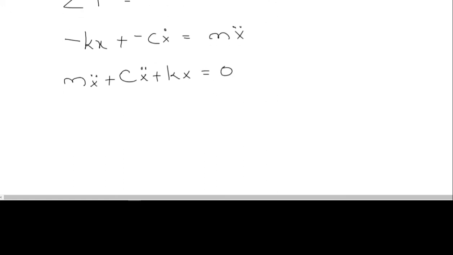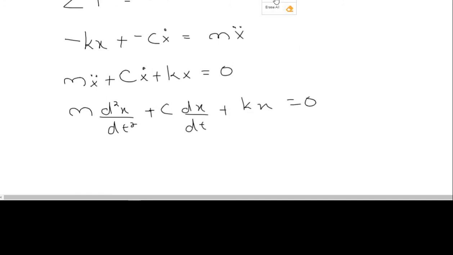So this is a differential equation. If we write it in the form of a differential equation, m d square x by dt square plus c times dx by dt plus kx is equal to 0.